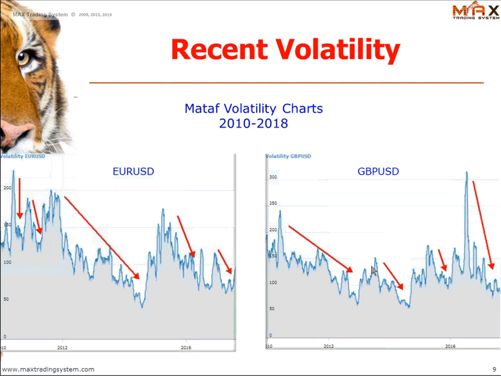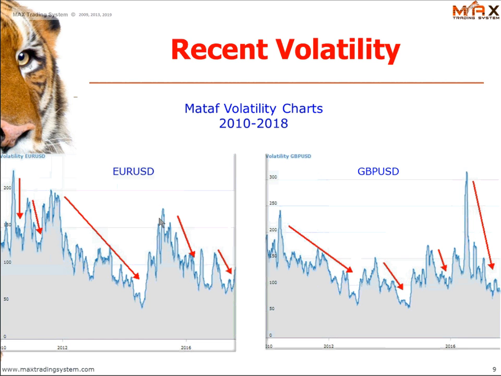So this is an illustration of what I was explaining just a moment ago, when we have been seeing for many years now the average daily range decreasing. This is the example on two typical major pairs, the euro-US dollar and the pound-US dollar. And we can see that during the last 9 years, approximately, the average daily range is progressively decreasing.